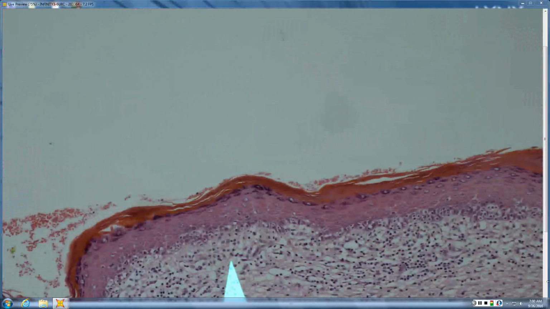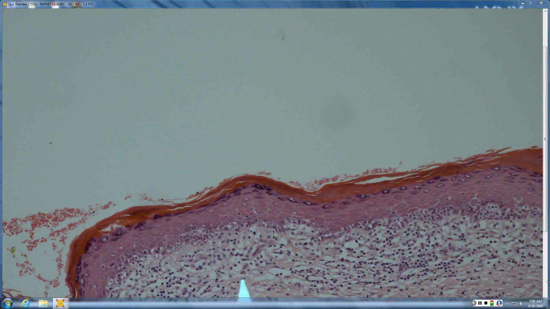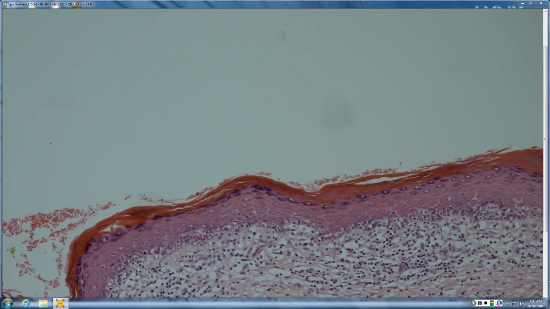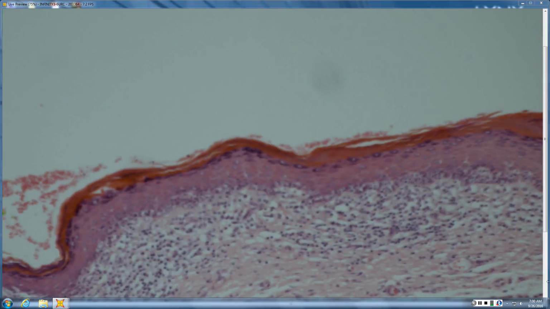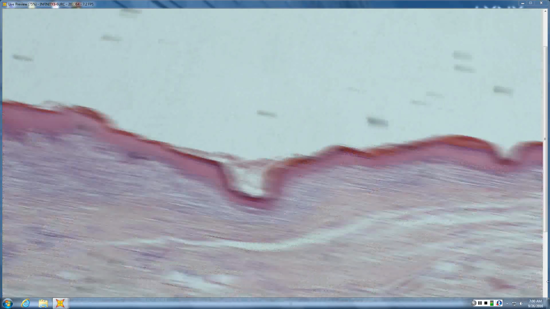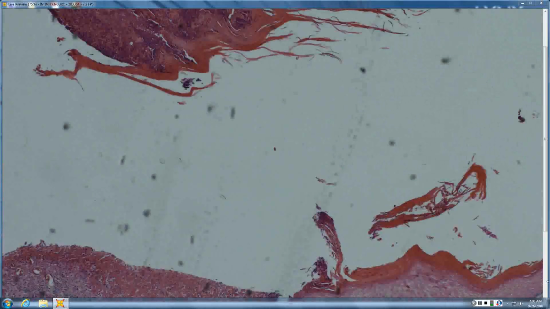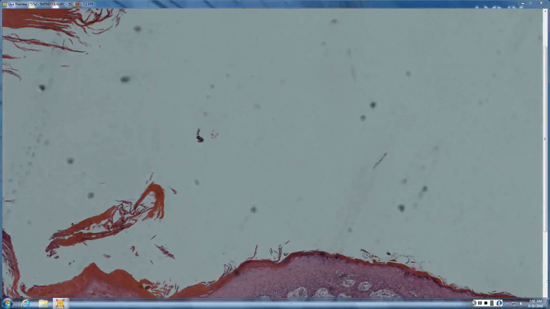There's a lot of fibrosis in here, which, along with the compact horn, kind of belies more of a chronic process, which you can imagine with MF, a chronic smoldering process, and not something you would see with just a spongiotic process or something of that nature, which would be in your differential. So that's MF.